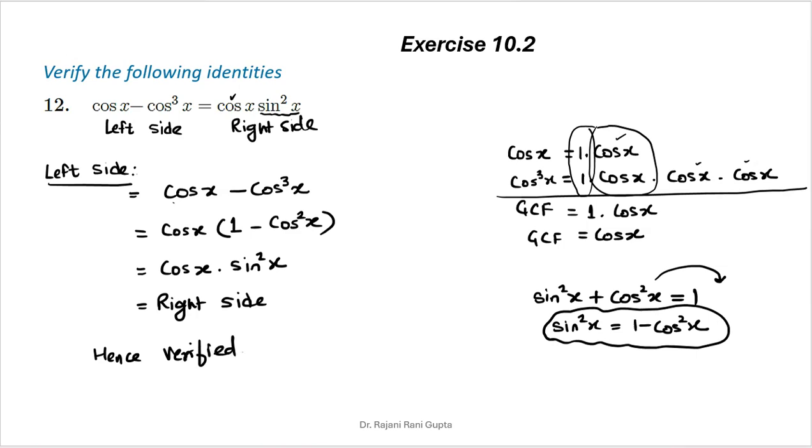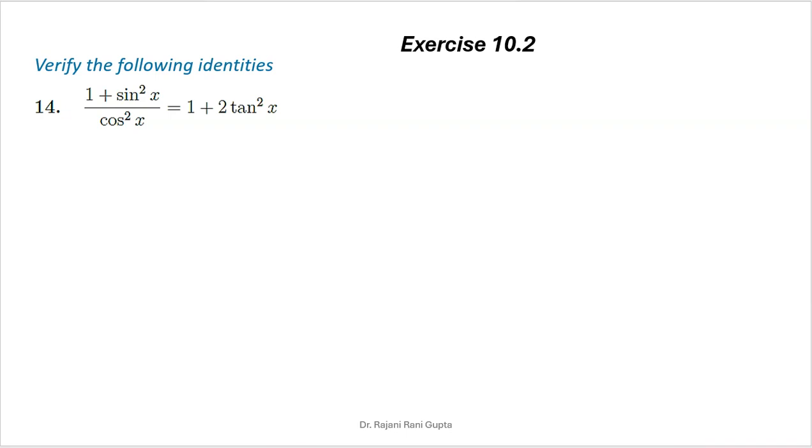Okay, clear? Let's take another one. Same thing, you have the left side, you have to prove it equal to the right side. It's not necessary that you always work with the left side. You can also start with the right side, but you need to check where you can use identities easily so that you can work on it.